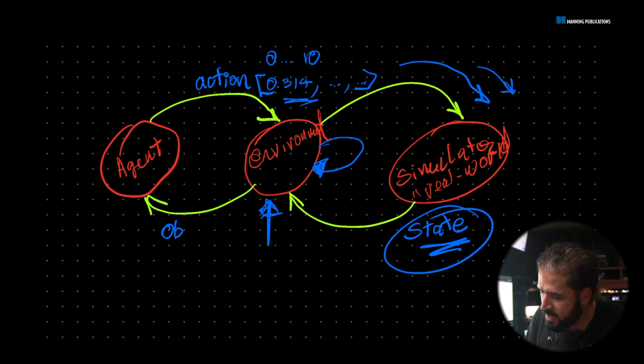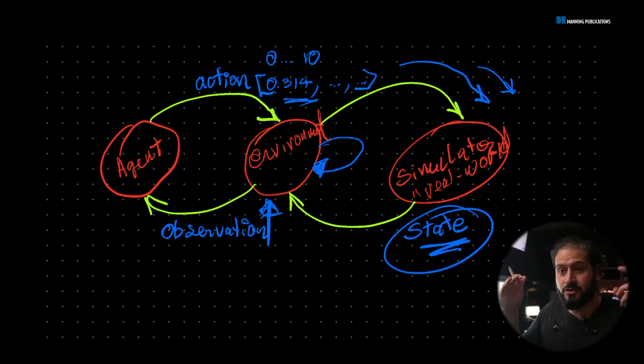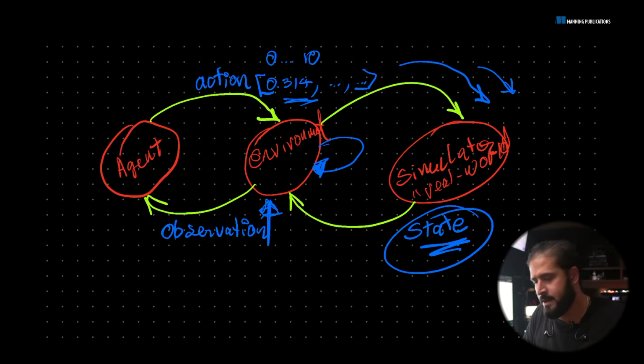It returns to the agent an observation, which is basically a filtered version of the state or a processed version of the state, or it could be equal to the state. And I mentioned this in my book, but lots of folks actually mix those two, and it's not bad intention. It's just the way it is.